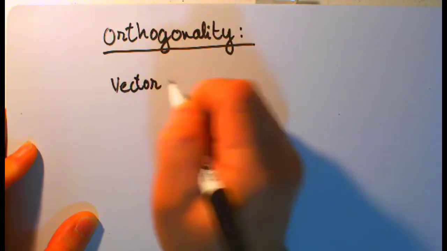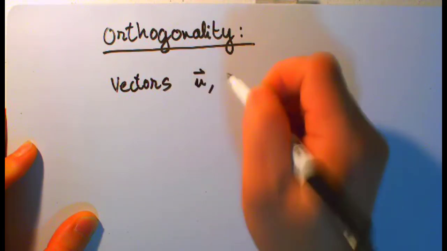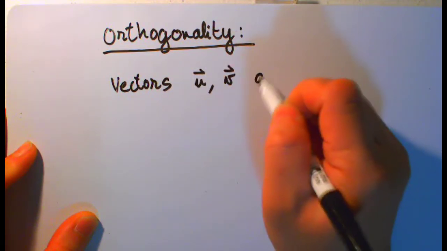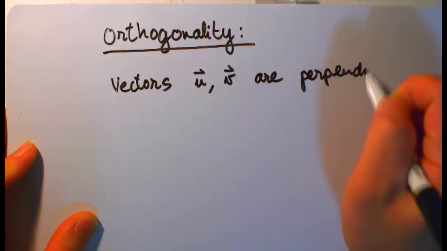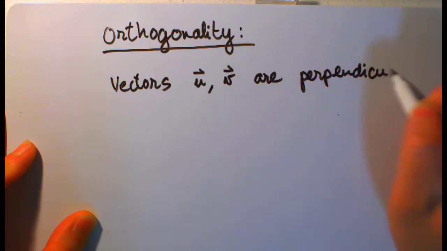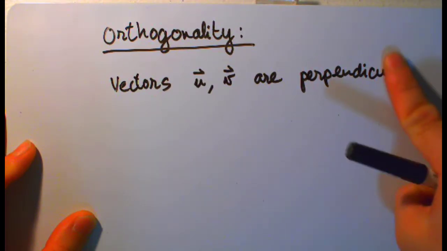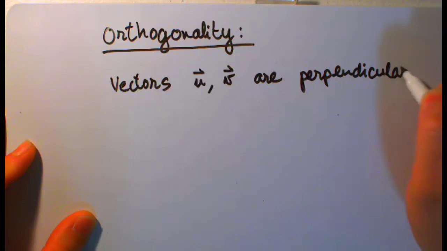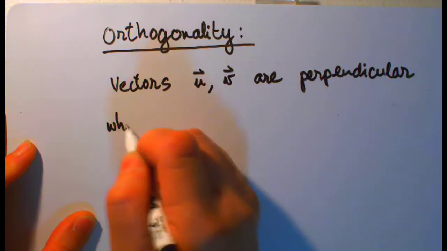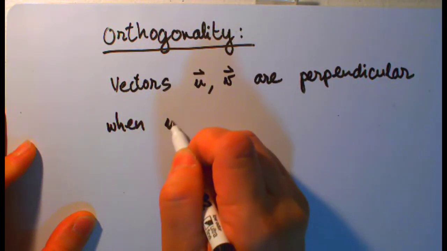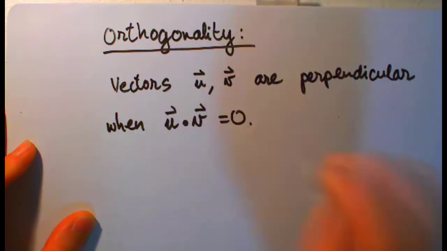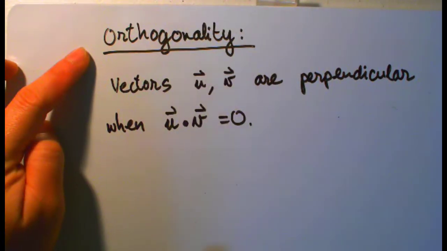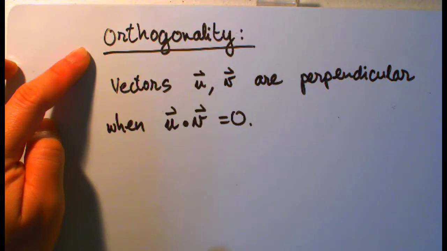So two vectors u and v are perpendicular anytime or when the dot product u dot v equals 0. Now, it's a new term I'm introducing here, but orthogonality just refers to the fact that when two vectors are perpendicular, and that's what it means.